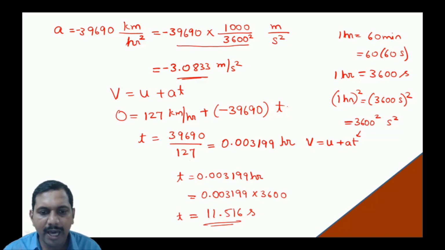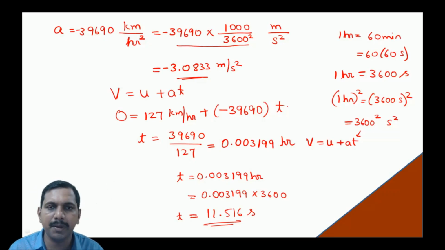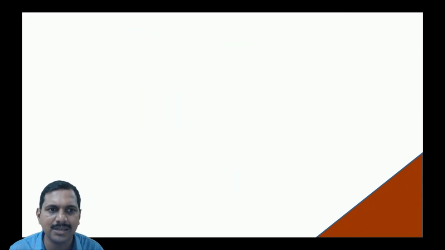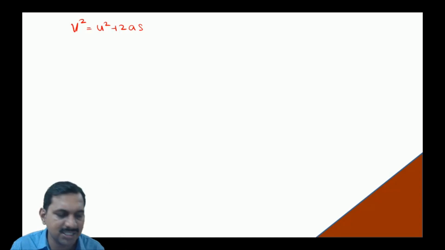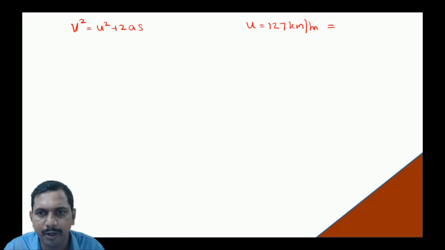Now we have used kilometer per hour as the units, right? So if we had directly done this without this, it would have been easier. For example, when you said v square is equal to u square plus 2as, this is the equation we have used, we could have converted u, which was 127 kilometer per hour, into meters per second. How do we do that?